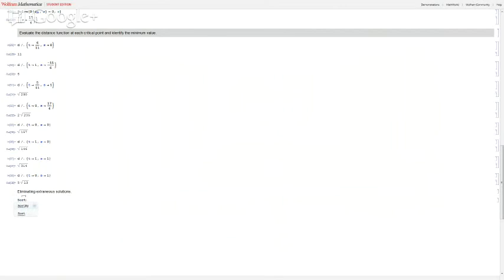I'm going to sort the remaining solutions. So, I have 11, and I have square root of 290, and I have square root of 157, and square root of 146, and square root of 314, and finally the square root of 5 times the square root of 13.